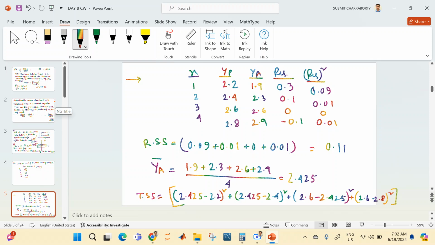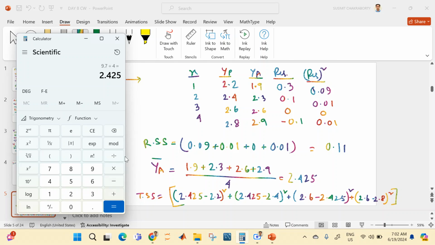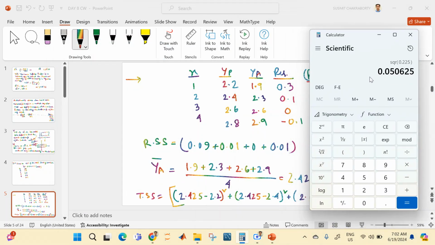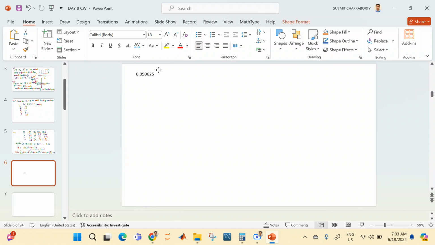So let's calculate. 2.425 minus 2.2, this one squared, is 0.050625.